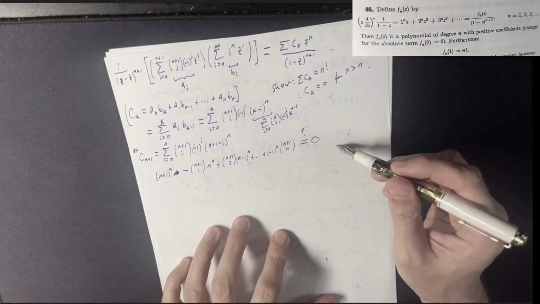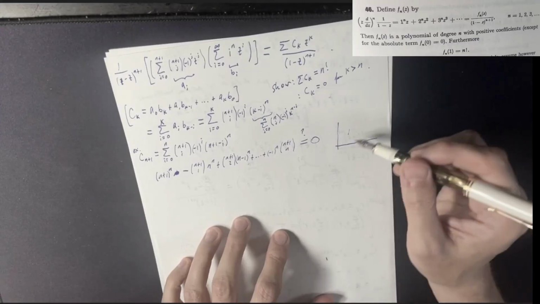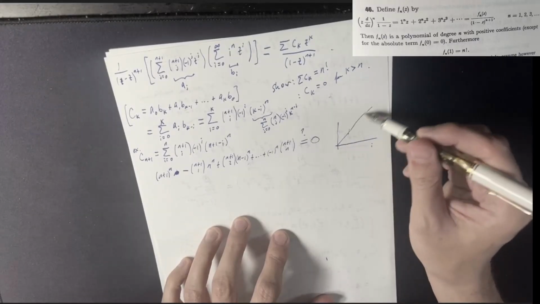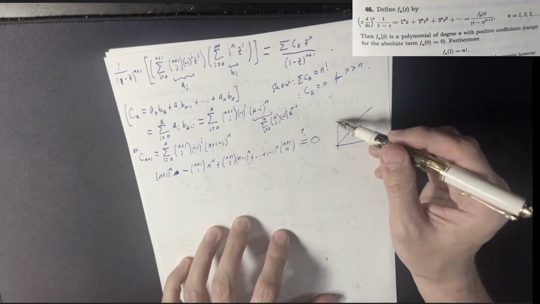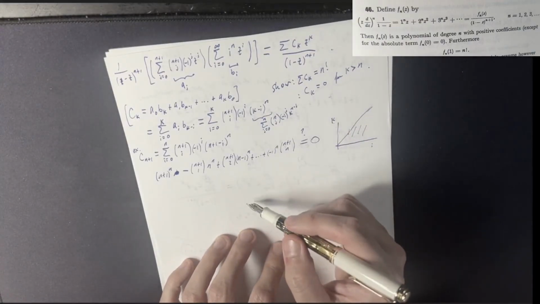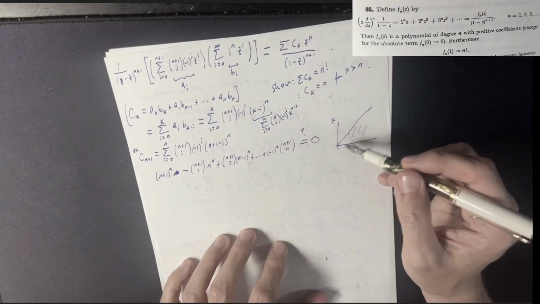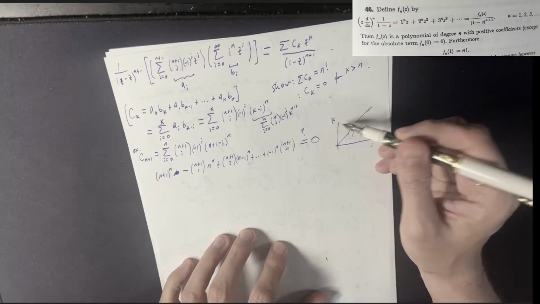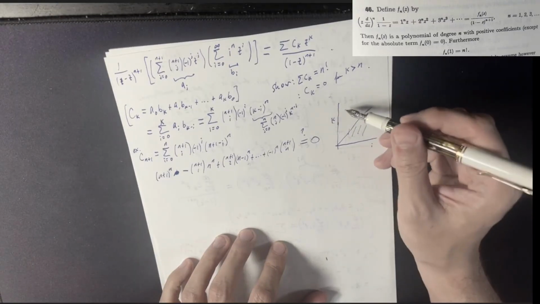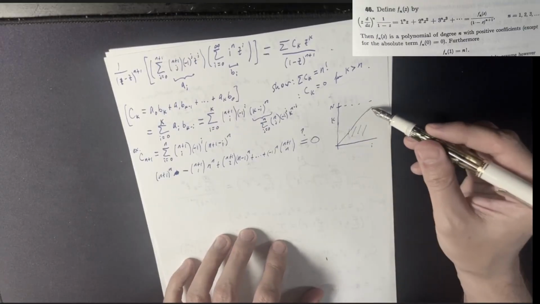Let's see. If this was 0 and this was k, i goes from 0 to k. So you're talking about this region. And then we're going to sum as k goes from 0 to n. So there's a cutoff somewhere, n.